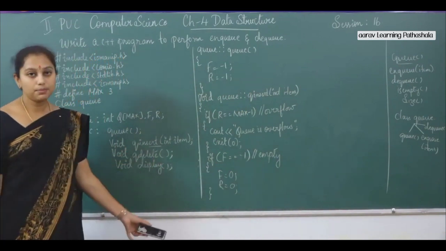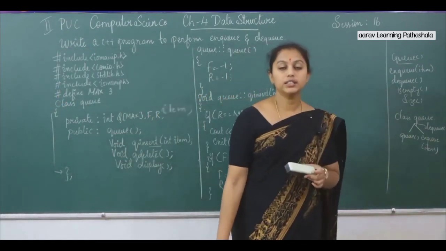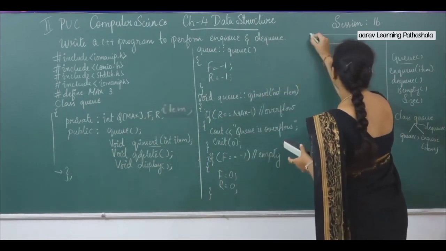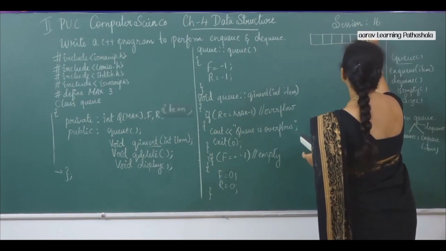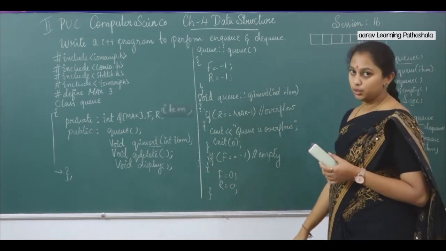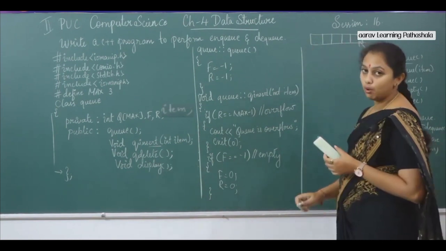If it is not empty, we can add an item into the queue at the rear end of the queue. See, while adding an item into the queue, we are going to add from the rear end of the queue, right? So for that we have to increment the rear pointer.